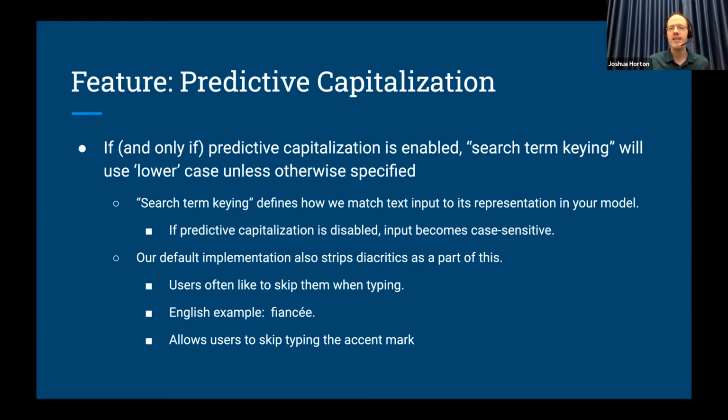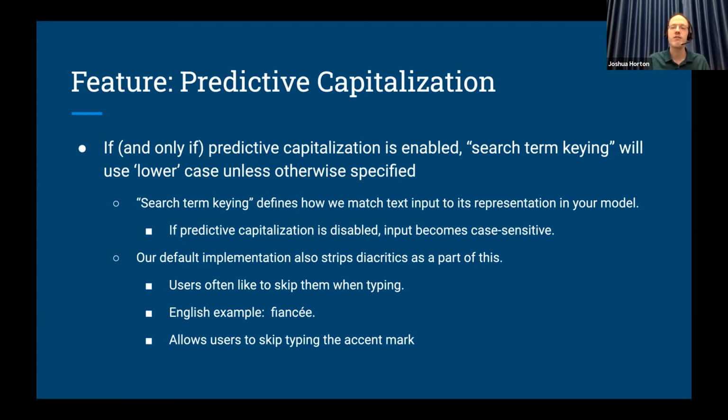Search term keying is the rough term that we use to describe that process of ensuring we can match the true word in the word list, but in a way that a user is going to lazily type it. Also for typing perhaps in French or for certain English words that use accents that we don't have on a standard US keyboard, it can be a little painful to go out of our way and type a vowel with an accent. So often a user is going to be lazy and type without that accent.